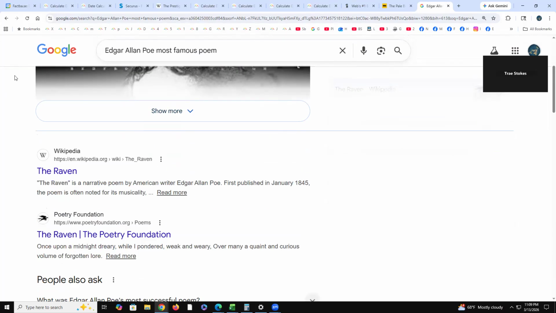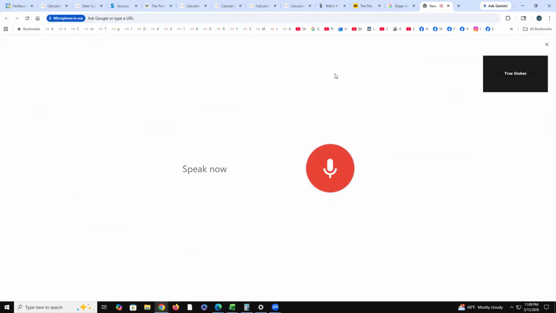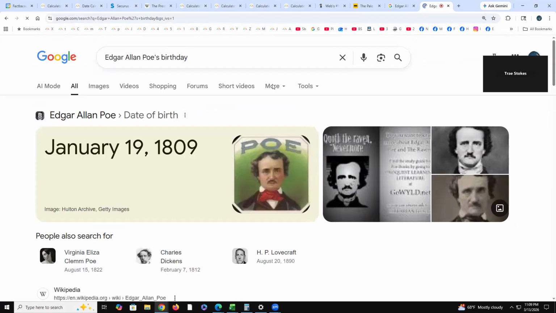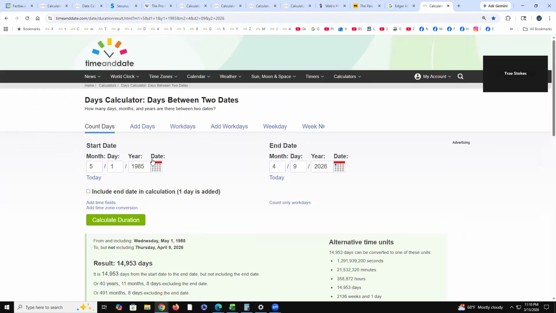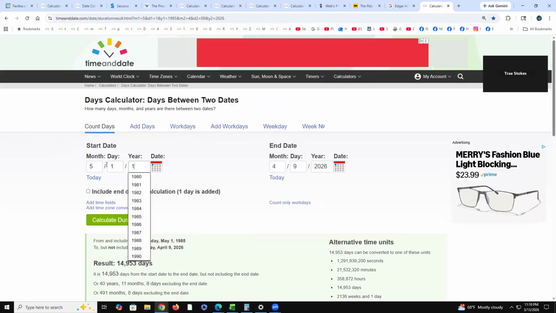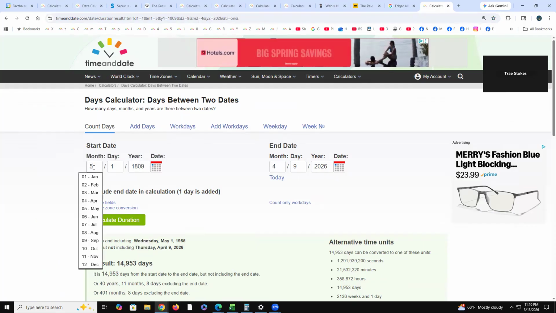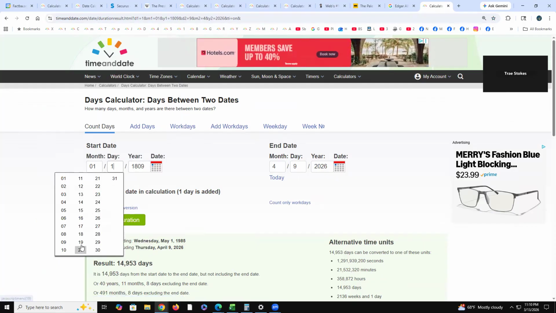And I also ran Edgar Allan Poe's birthday to all this. Edgar Allan Poe's birthday, January 19th, 1809. January 19th, the Donnie Darko date.